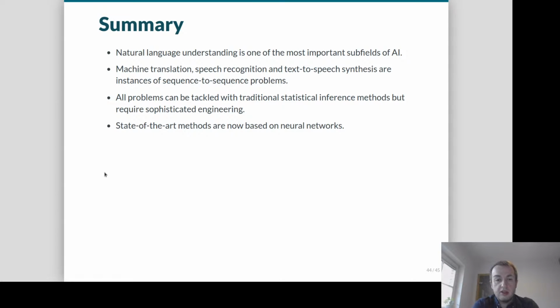And fortunately or unfortunately, I don't know, all state-of-the-art methods today are based on neural networks in which this sophisticated engineering usually has been just thrown away. And these methods really reach performance that we could not achieve just a few years ago.